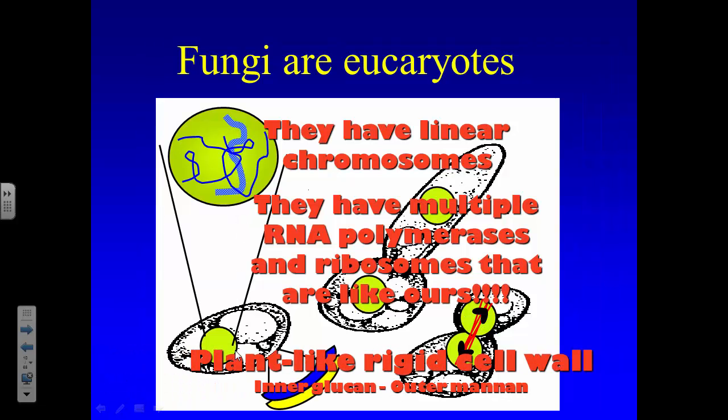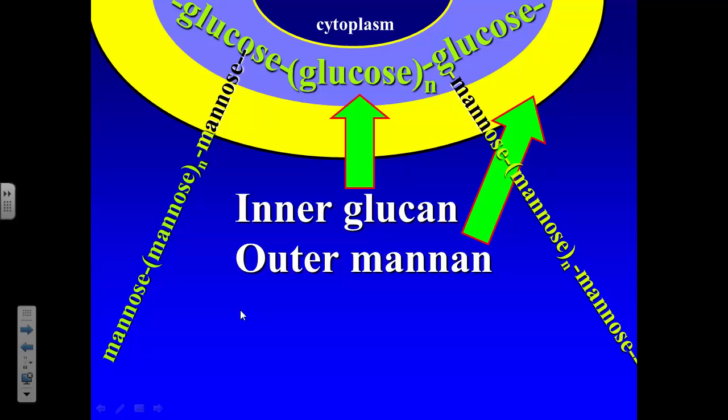In addition, they do have a couple of differences that we can exploit with respect to chemotherapy. One is that they have a plant-like rigid cell wall comprised of a glucan and a mannan. I'll show you that in a minute. In addition, their cell membranes are slightly different from ours in that they have a different sterol content.